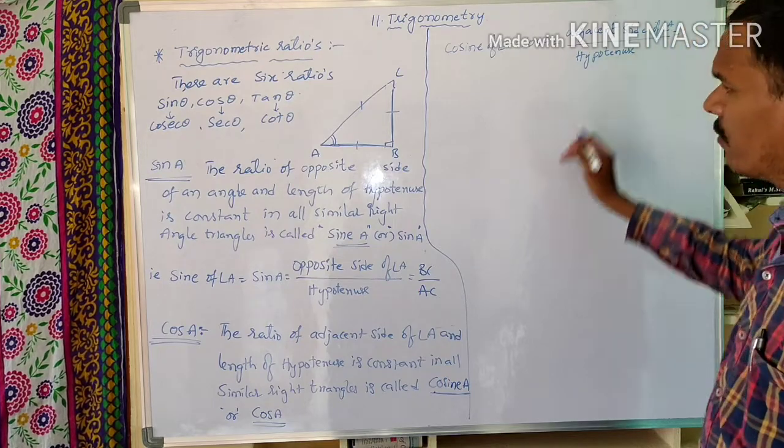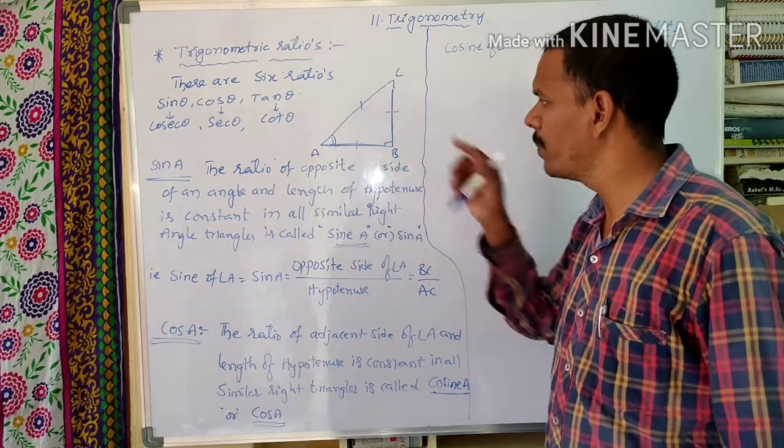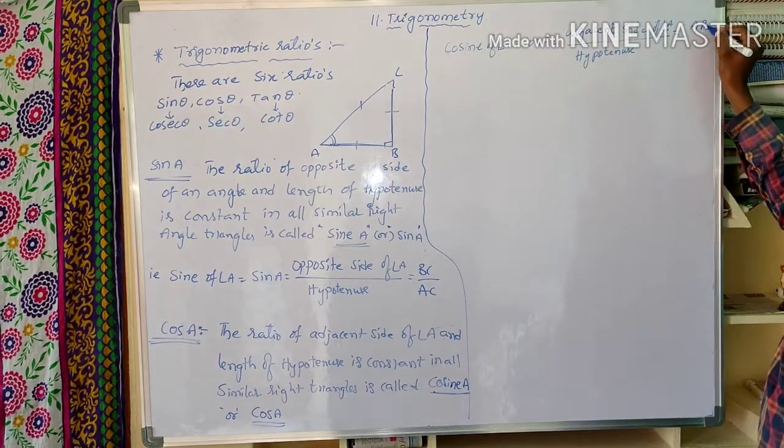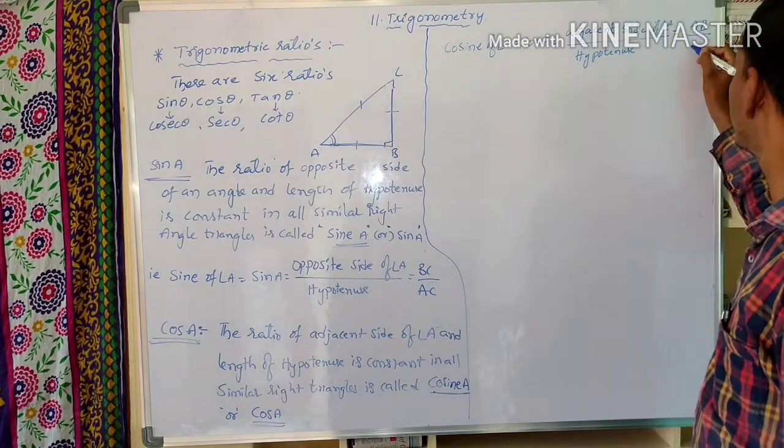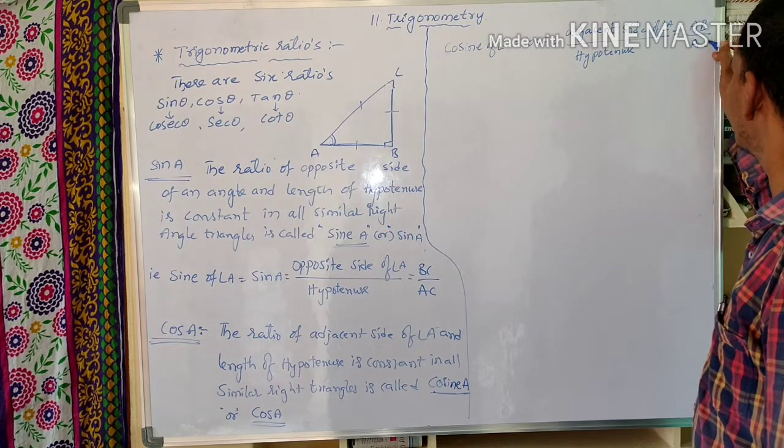What is the adjacent side of angle A? AB. By what is the hypotenuse? AC.